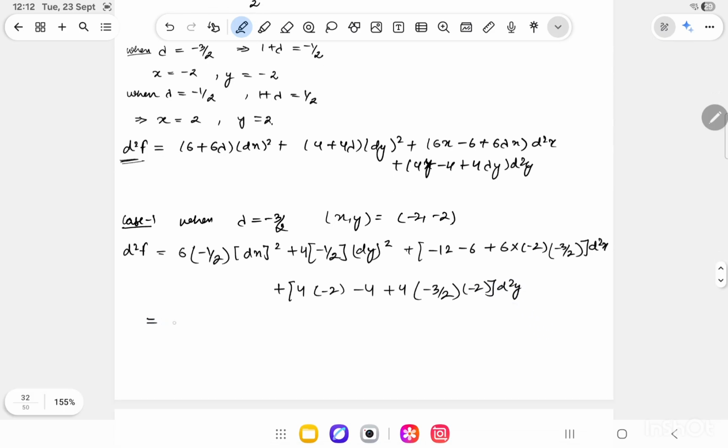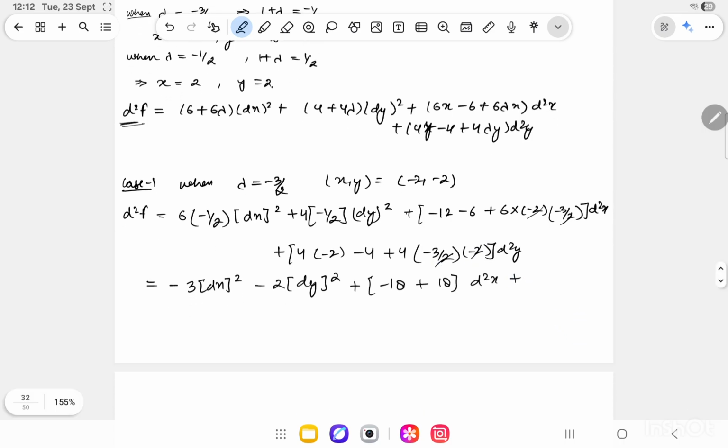So from here I'll get minus 3 into dx whole square minus 2 into dy square plus this term will be minus 18 plus 18 into d square x, and here we'll be left with minus 12 plus 12 into d square y. So this term reduces to 0 and this term also reduces to 0.